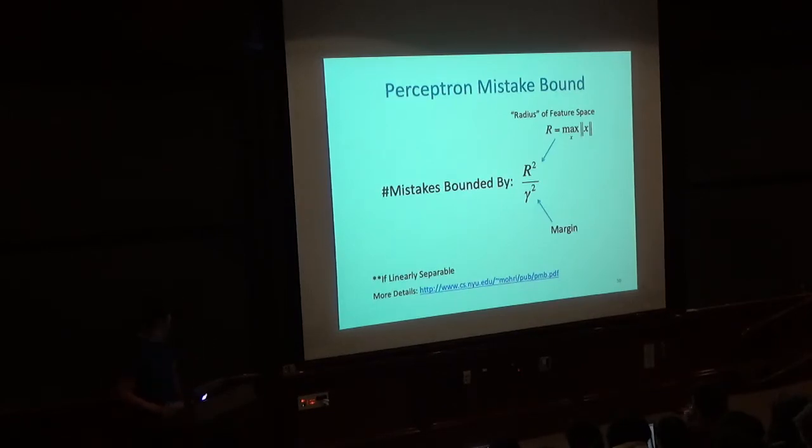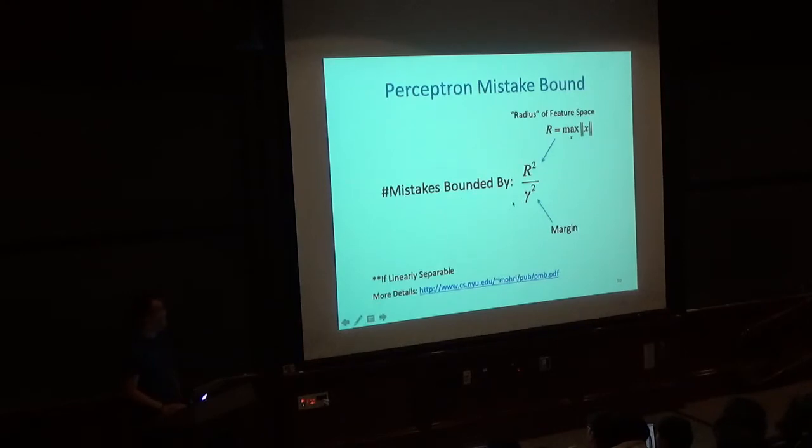R is the radius of the feature space. You can also use the diameter if you add some coefficients, like dividing by 4. And gamma here is the margin. Notice that this is a ratio. If I blow up the training set and make all the features bigger, the margin correspondingly increases.